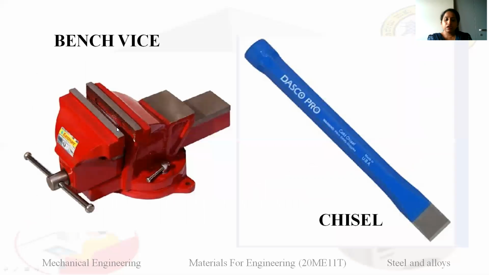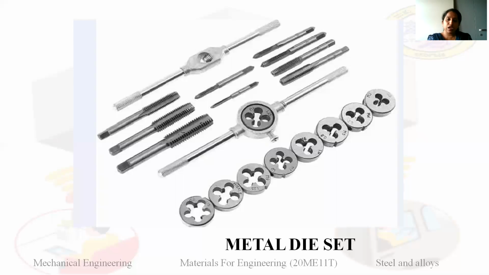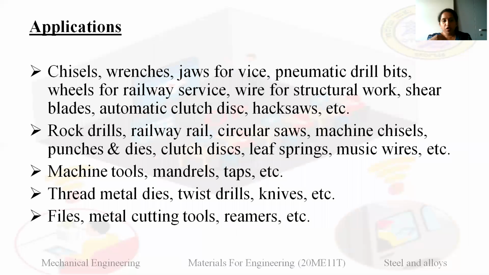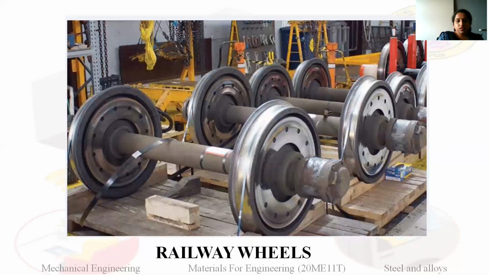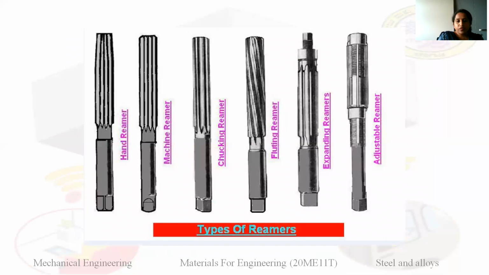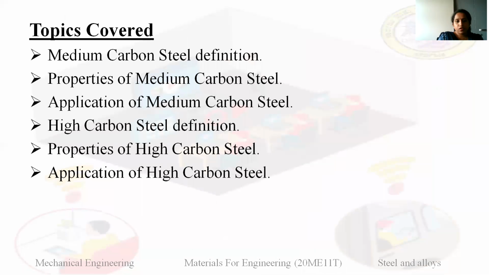So it has to withstand a large amount of forces and vibrations in order to do the prescribed job. Because of its hardness and toughness, it is used in such machines or equipment. So these are examples like bench vise, chisel, metal die set, railway wheels, these are the types of reamers and rock drill. So these are the applications.